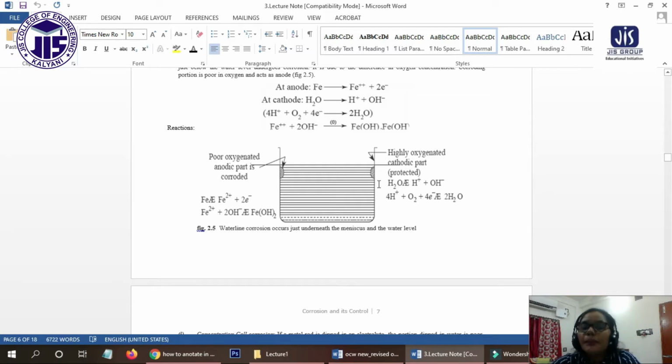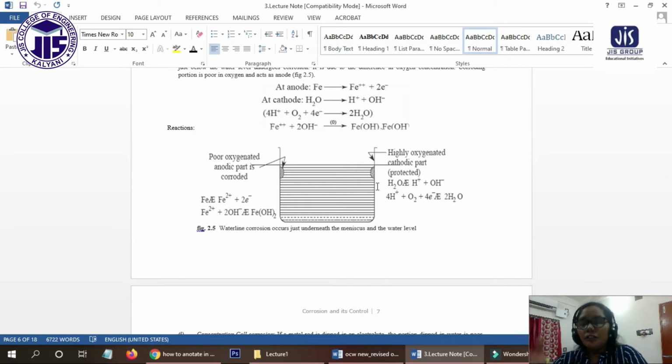The layer which is below the water level has a lower amount of oxygen, and the metal surface which is open to air has a higher amount of oxygen. That means on the same metal surface we have a difference in concentration of oxygen.